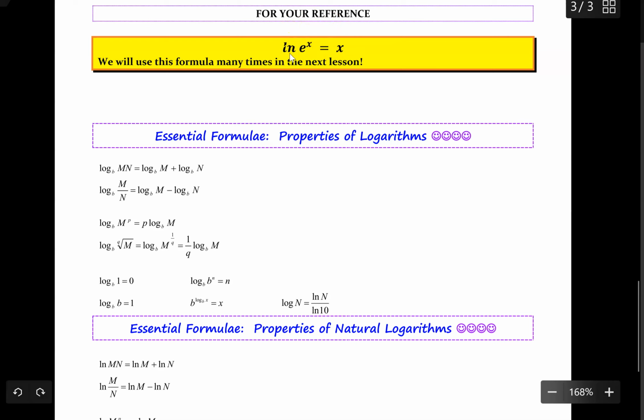Alright, so you have natural logarithm, and the argument of it also is e to the exponent of x. And as you recall, if I break this into log of the base e of e to the x, it is also equal to x, because the base of my argument is the same as the base of my log, right?